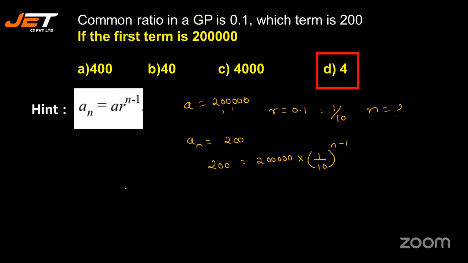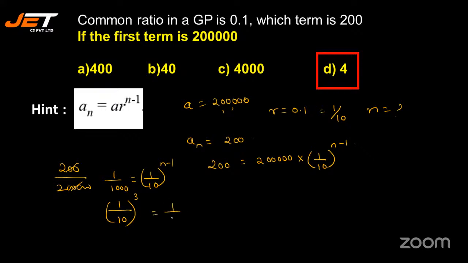Clear? So you can just bring 200 divided by 2 lakhs, whereas you get 1 by 1000, right? So let us try. It is 1 by 1000 will be equal to 1 by 10 to the power n minus 1. So 1000 can be written as 10 to the power 3, that is 10 into 10 into 10.